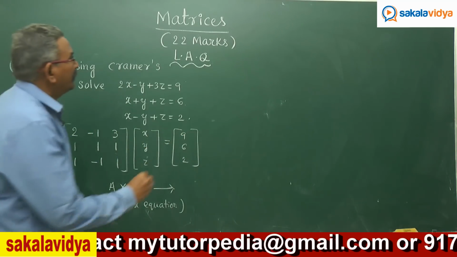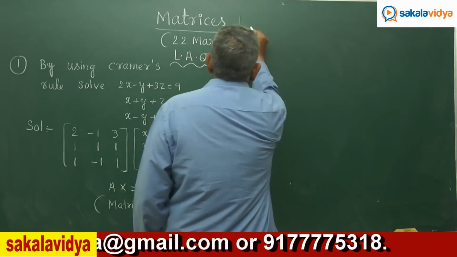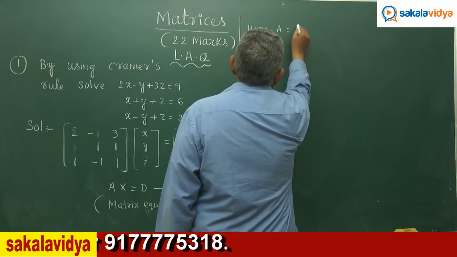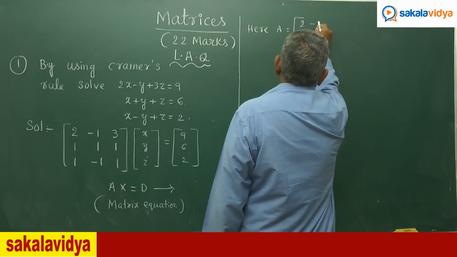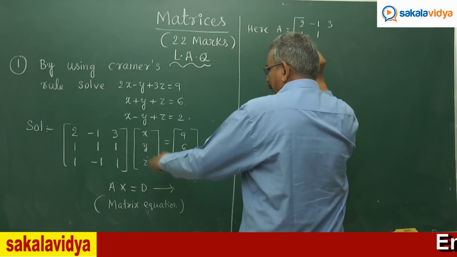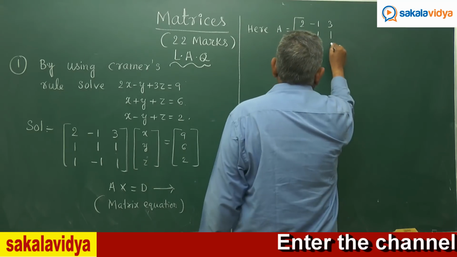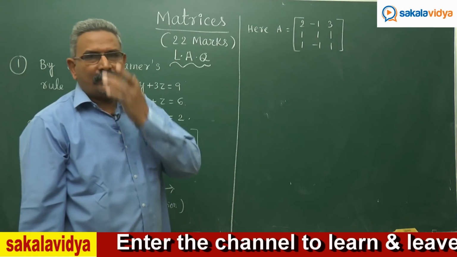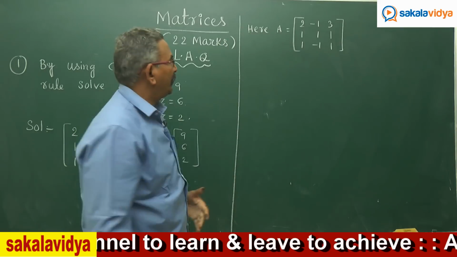So, that means here A equals 2, minus 1, 3, 1, 1, 1, 1, minus 1 and 1. Okay. Let us find the determinant of this A. Let us say that is delta.